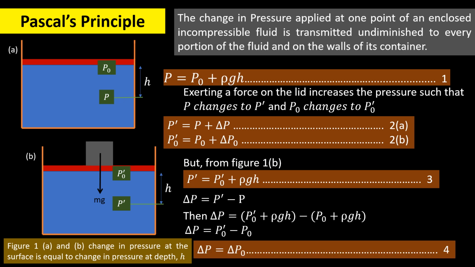Therefore we can say that delta P is the same as delta P naught. What does this mean? That the change in pressure at point P is the same as the change in pressure at point P naught. That is Pascal's principle.